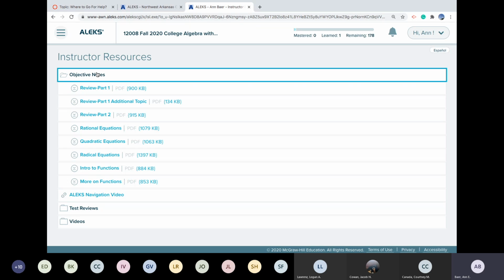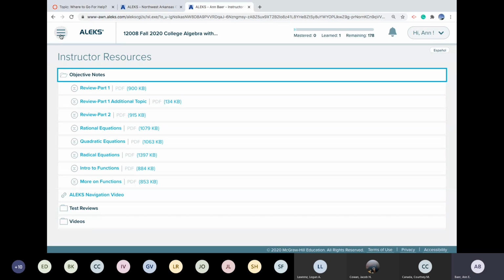Objective notes, and there they are. And I even have them in here for all the objectives that are going to be covered on the first test. So I've got everything in here. So if you want to work ahead, feel free. Got my class notes right here.